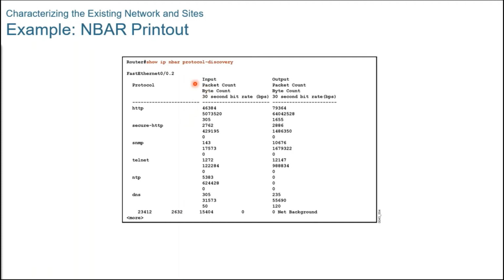You can also use other protocols that can do the same. The protocol discovery feature discovers any protocol traffic supported by NBAR and can be used to monitor both input and output traffic.